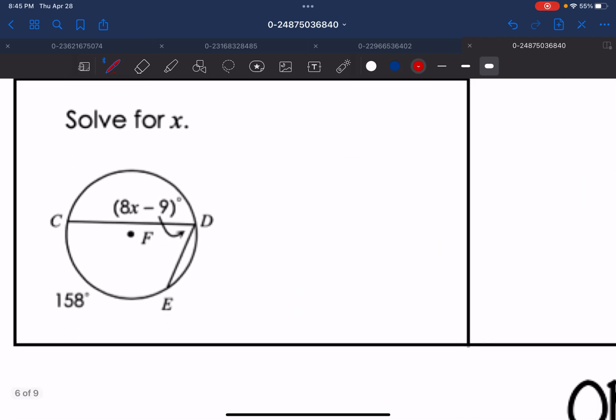Looking at the next one, again, I'm always going to start with focusing on my angle and highlighting it. We know that this is the arc that corresponds to it, so I can set up my formula, angle equals arc divided by 2. I now know that 8x minus 9 is my given angle here. And the arc that they gave me was 158.